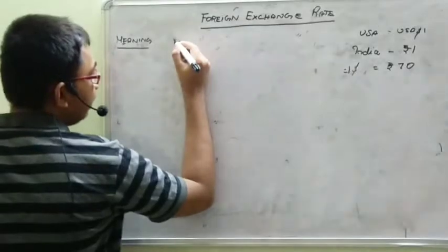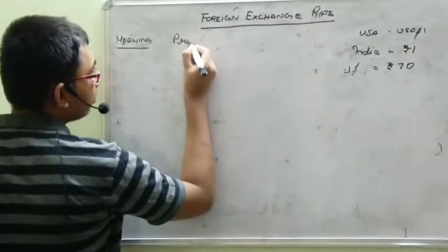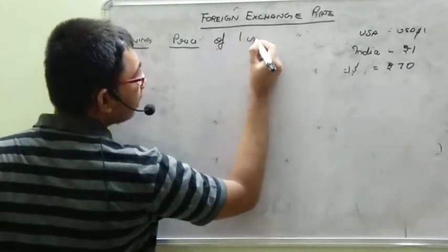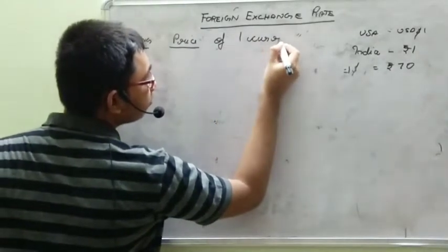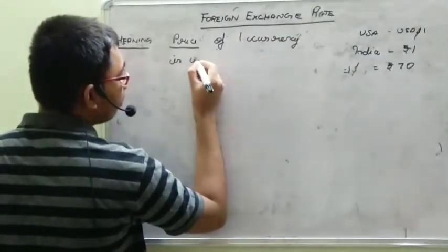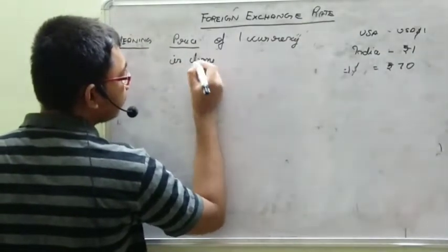It is actually the price of one currency in terms of another currency.